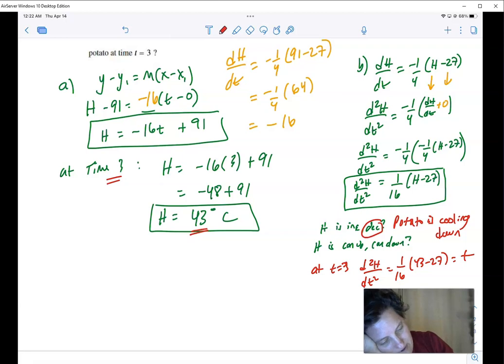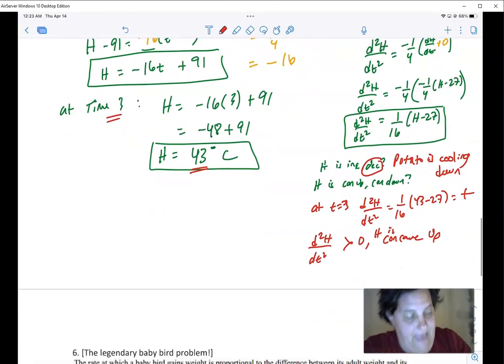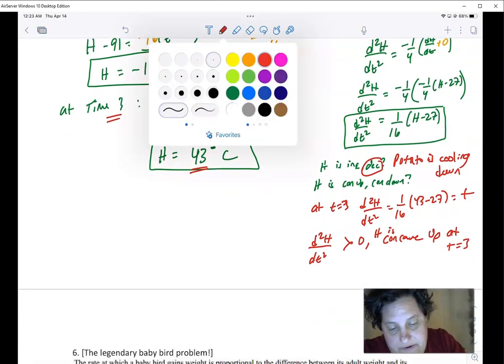It doesn't really matter other than just to know that that's positive. So because the second derivative is greater than 0, h is concave up at time equals 3. Maybe not everywhere, but at time equals 3.